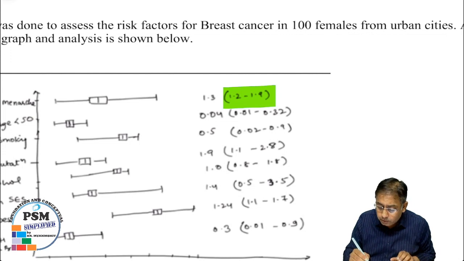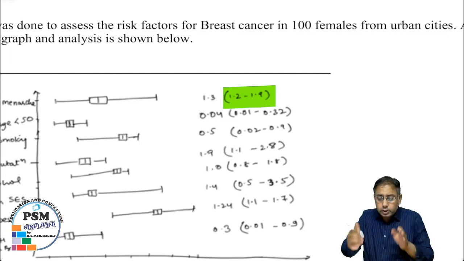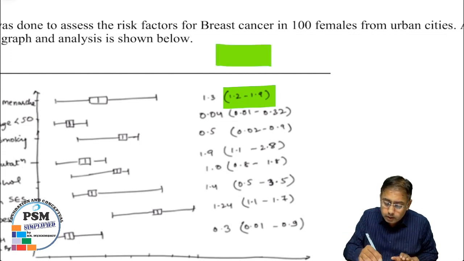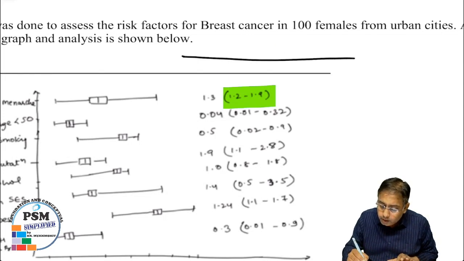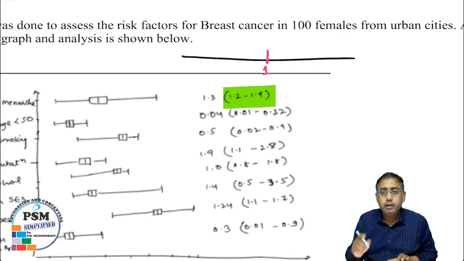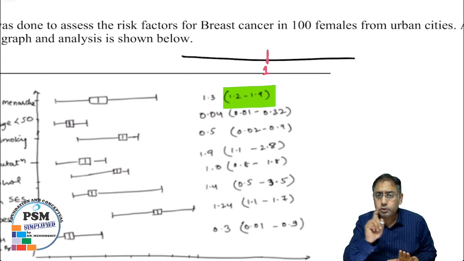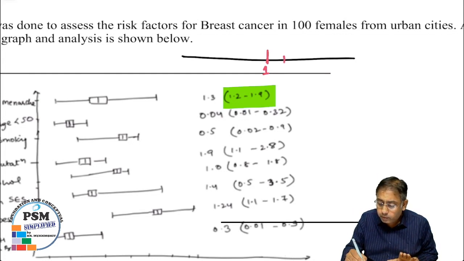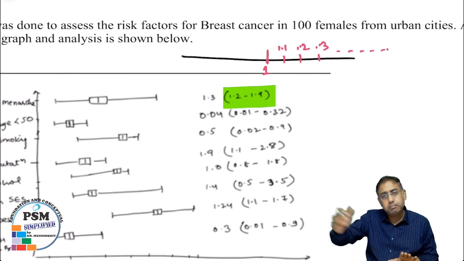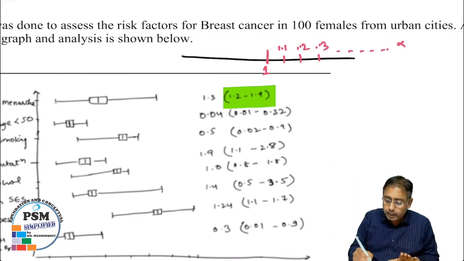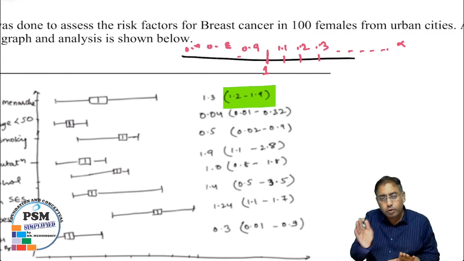Let me just plot the odds ratio on a scale like this. At the center point there is 1. 1 odds ratio means no association. Then there is 1.1, 1.2, 1.3 and so on till infinity. Behind it is 0.9, 0.8, 0.7, and so on.